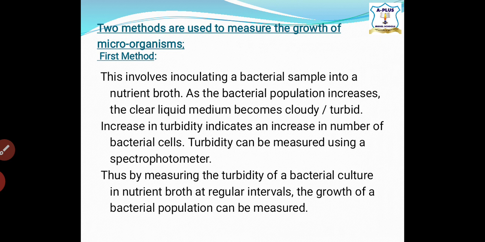That means when the clear liquid medium in the nutrient broth becomes cloudy or turbid, that indicates there is a population increase in the microorganisms in the culturing medium. Turbidity can be measured using a spectrophotometer. Thus, by measuring the turbidity of a bacterial culture in nutrient broth at regular intervals, the growth of a bacterial population can be measured. I believe that is well understood.